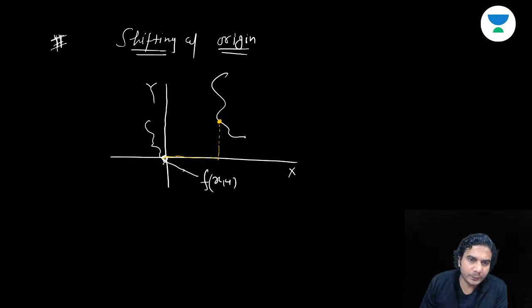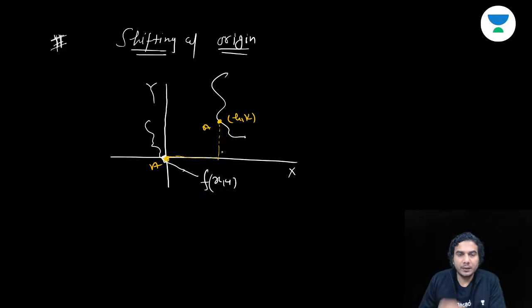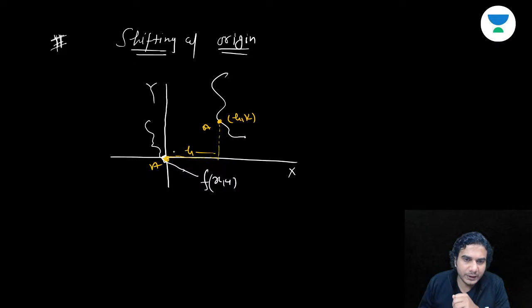So to bring this point, say A, now this A point will be here, which is now h comma k. So this distance is h and this distance is k. All right. So I've shifted the curve horizontally and vertically without rotating. Curve is not rotated.